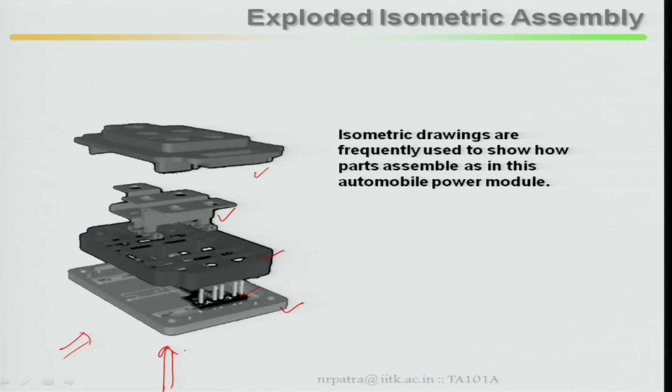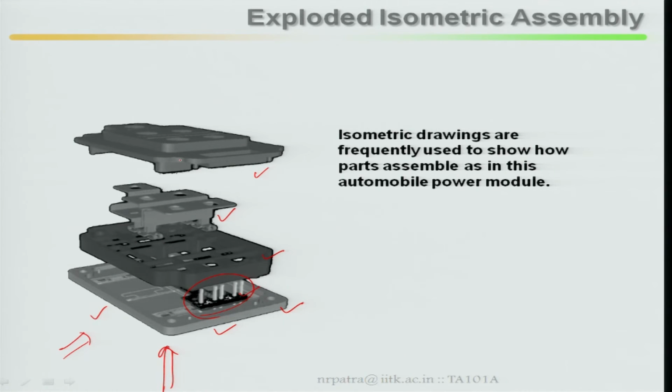Standing here or here, I can visualize this side: how the assembly looks, what this part's size is, is there any hole, is there any notch, even if there is a nut and bolt, how the nut and bolt look, even if there is welding, how it looks, and how the top face will look.